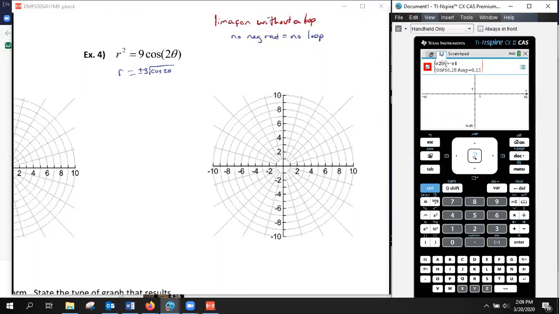So how would I ask you to graph this one by hand? I would ask you to notice that this is a cosine graph, and cosine does have the symmetry to the polar axis. And the largest radius is going to be, when r squared is 9, so the largest radius is 3. And really, at this point, rather than do all the deeper analysis, if I wanted you to, I would have you do it. Rather than do the deep analysis to say when 2 theta is going to give you the pi over 3s, so it's really pi over 6s.